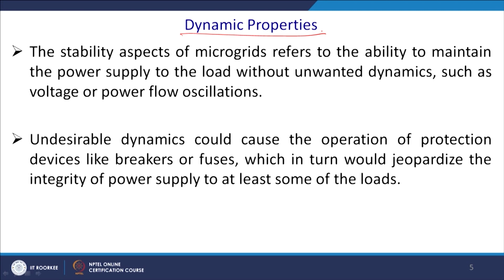So, the stability aspect of the microgrid refers to the ability to maintain the power supply to the load without unwanted dynamics, such as voltage and power oscillation. Once a load change or some perturbation occurs in the system, oscillation should not be sustained, because you have stray inductance in the DC microgrid, and you have capacitance within the bus and the ground, and between the two buses, depending on the kind of architecture, whether it is unipolar or bipolar.